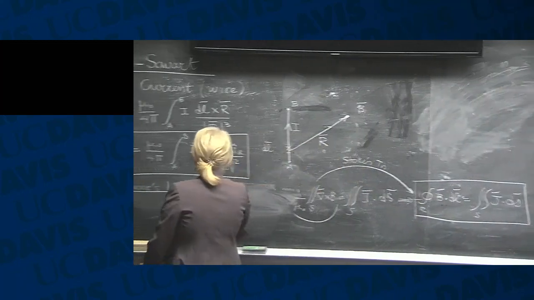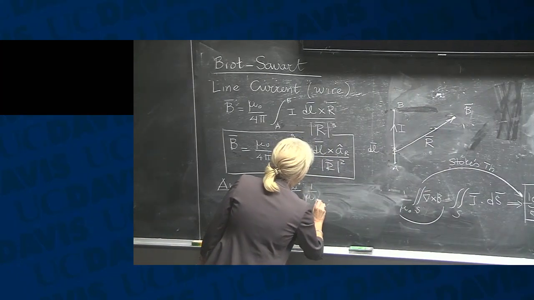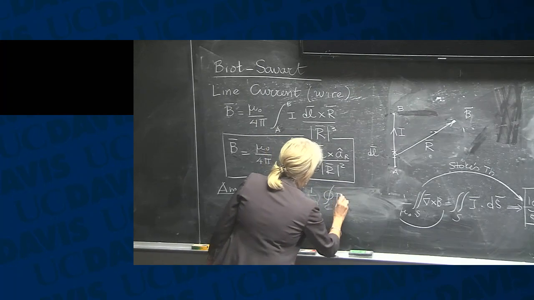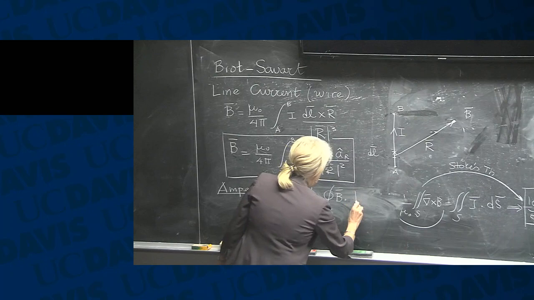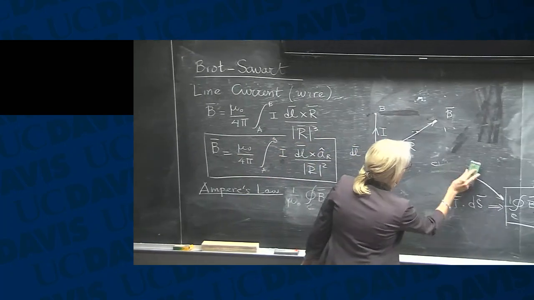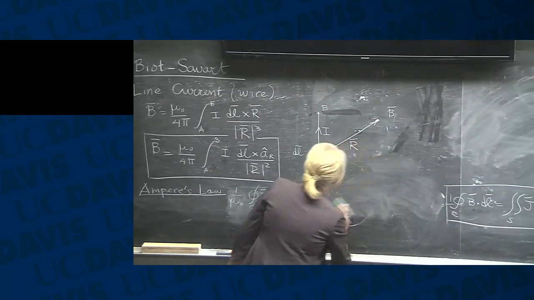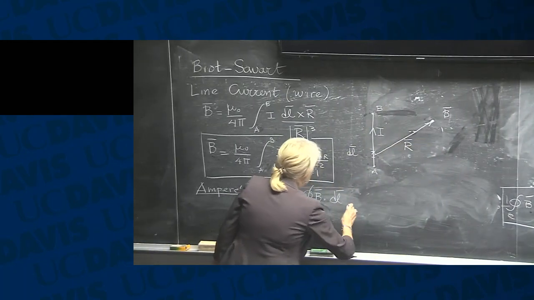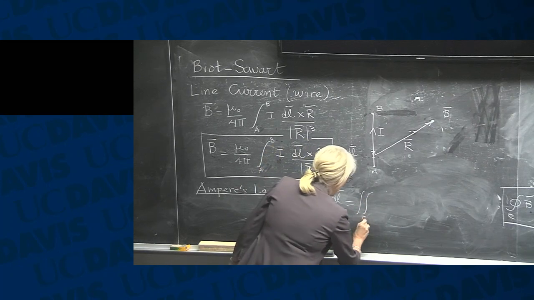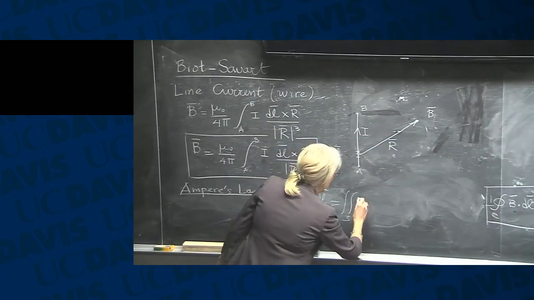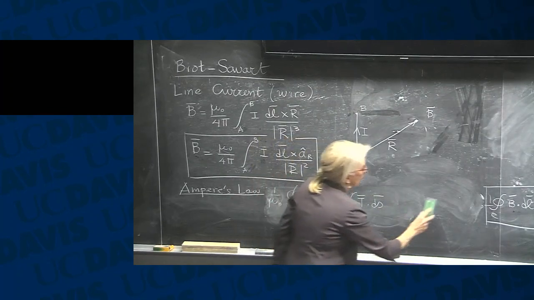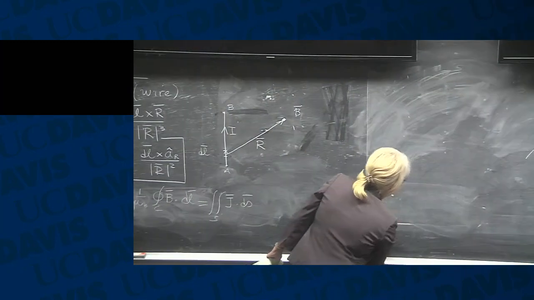So I will write it here again. 1 over mu naught, line integral B dot dl equals the surface integral on the cross section of the current J dot ds. Okay, so now I can do that.